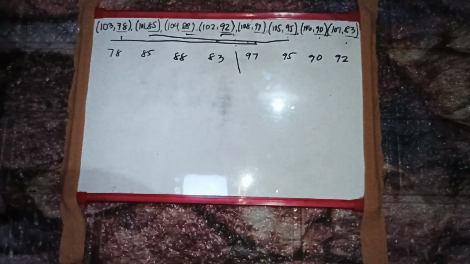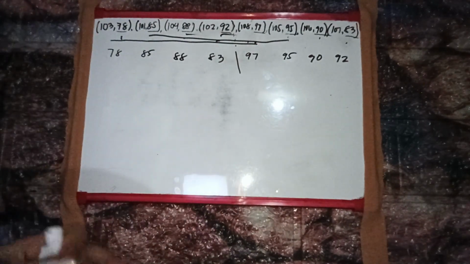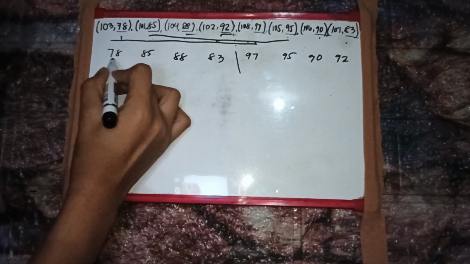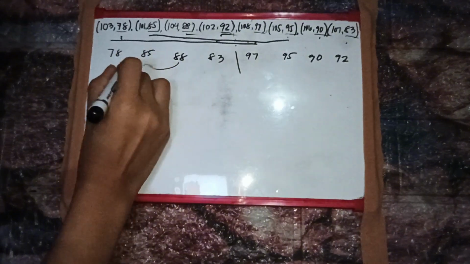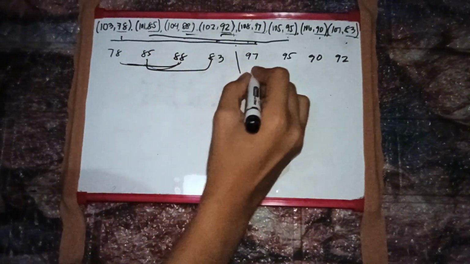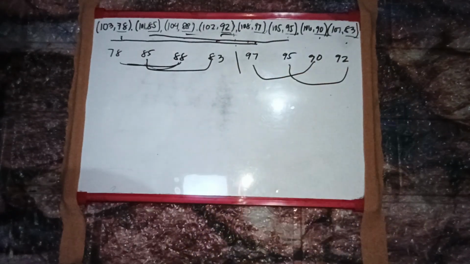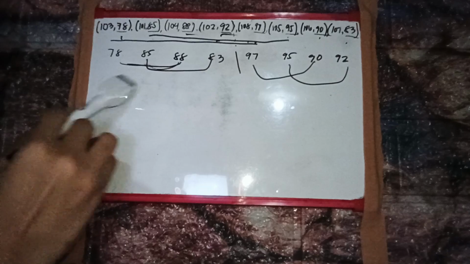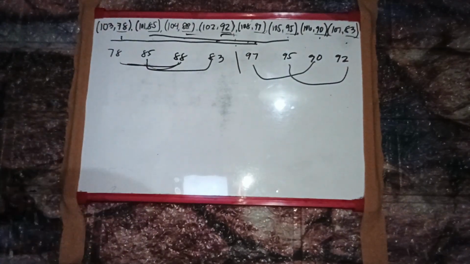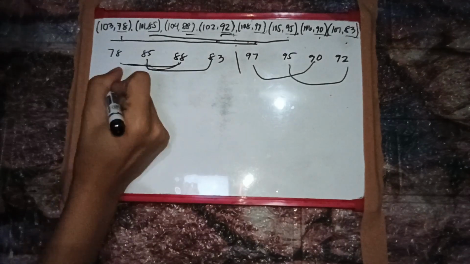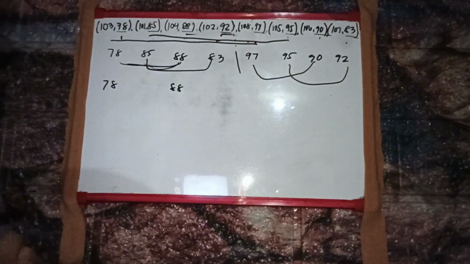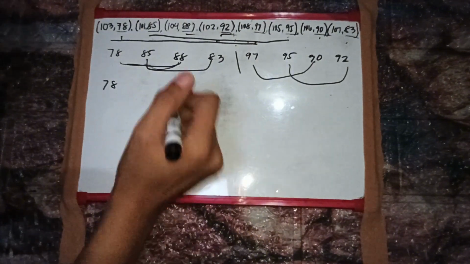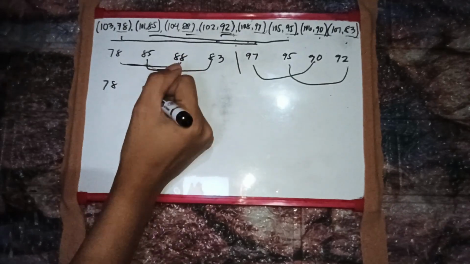Then we're going to divide it again by 2. So 4 divided by 2 is 2. So we're going to compare by 2. 78 is less than 88, so we're going to write it the same. 85 is greater than 83, so we're switching them.